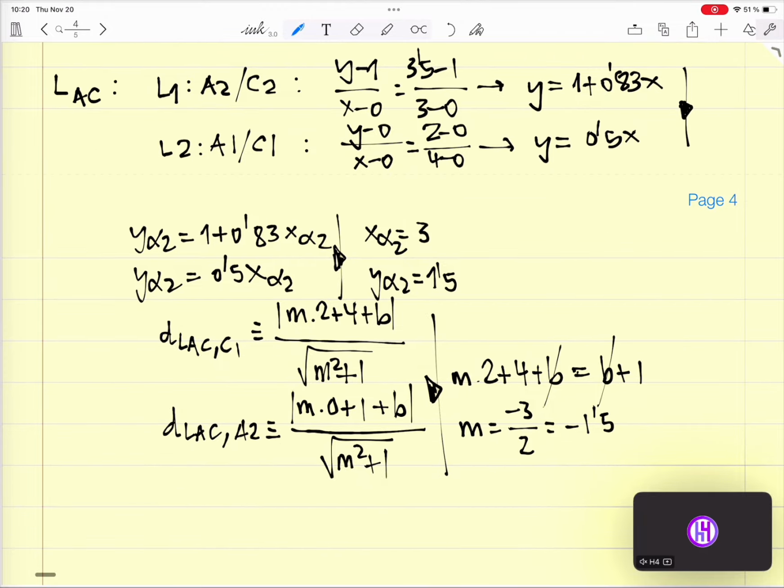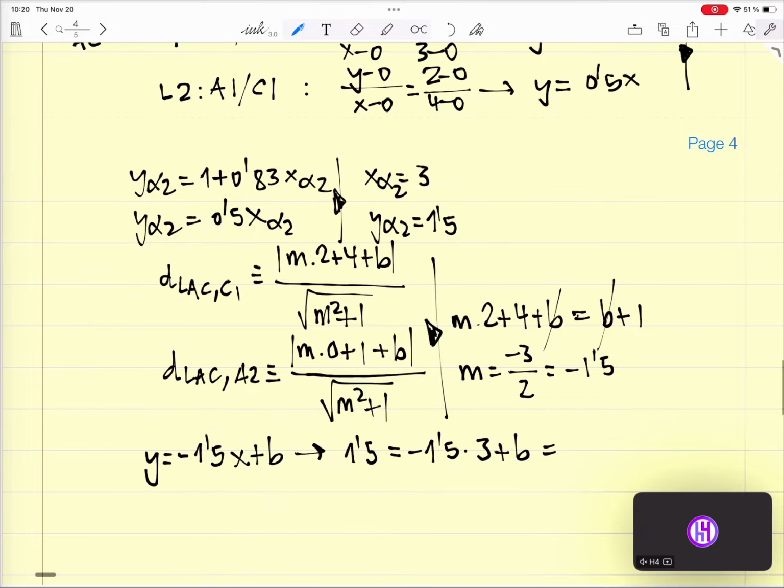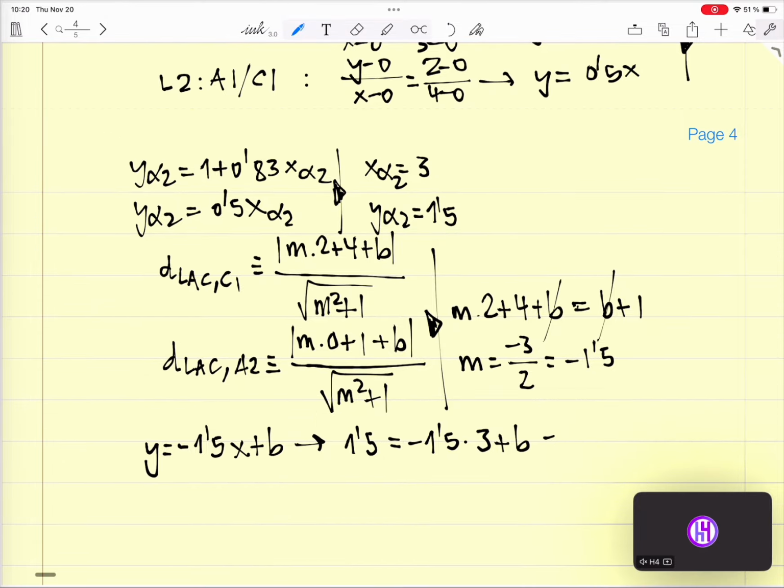And then because the point goes through alpha, we can put the numbers of alpha there: 1.5 equals minus 1.5 times 3 plus b. So as a result, b is going to be 6, right?